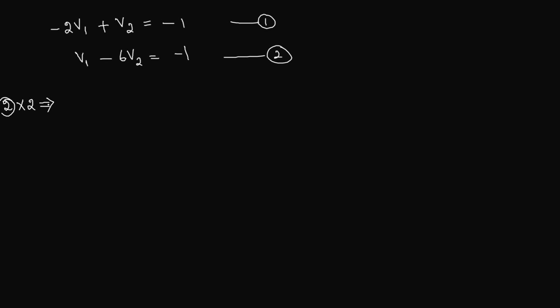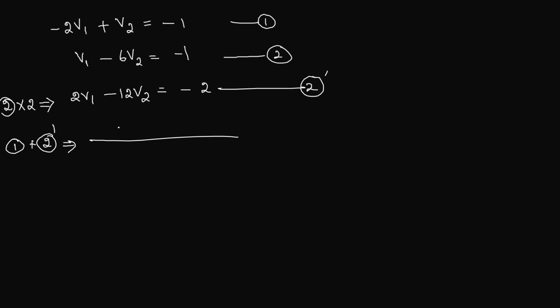Multiplying the second equation by 2, we get 2V1 minus 12V2 equals minus 2. Let me take this as equation 2 dash. Then we add the first equation and the second dash, so that we get minus 11V2 equals minus 3. That means V2 is equal to 3 by 11 volts.